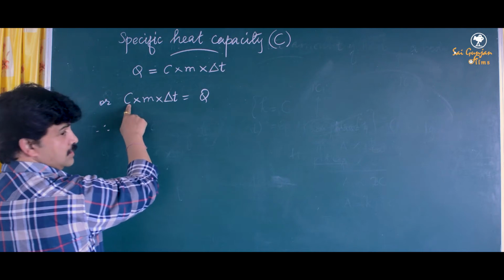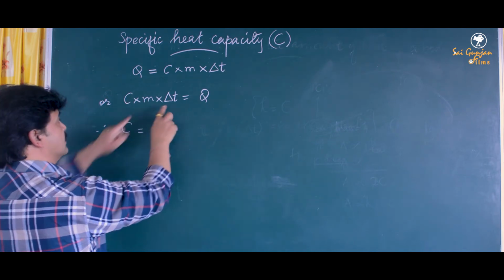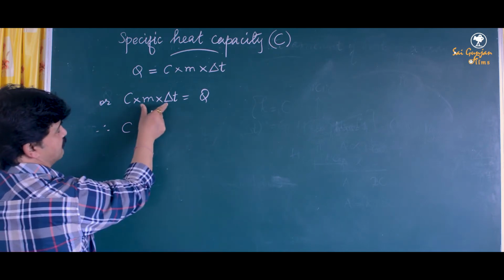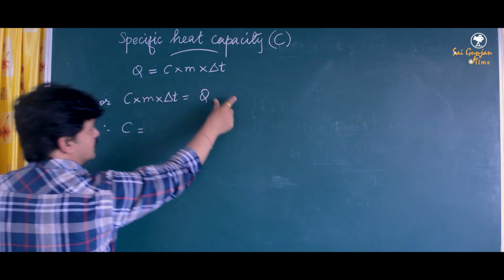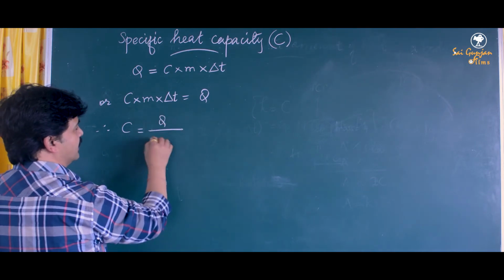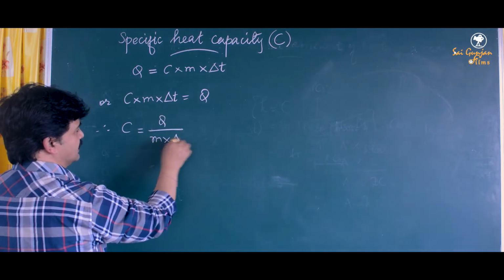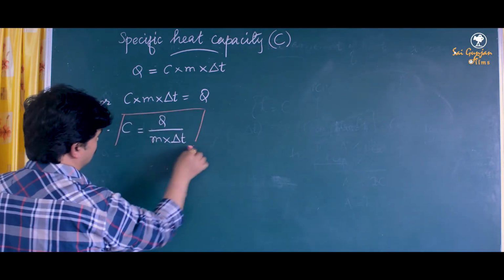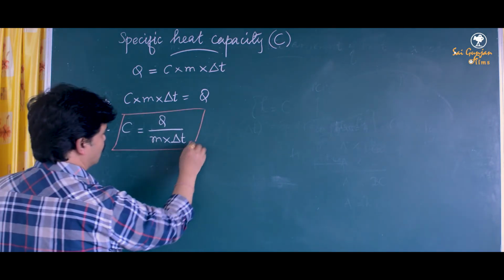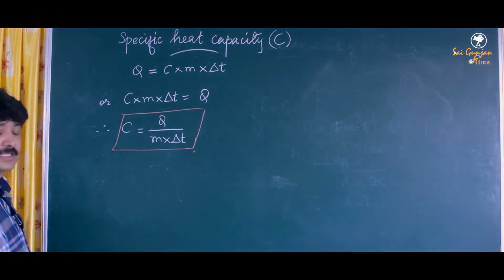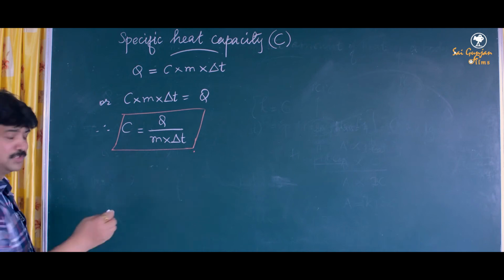We are keeping C here, the rest is to be transposed, isn't it? So now we have to transpose these two terms this side. So into will become divide, no? C equals Q divided by M delta T. So this is the mathematical form of specific heat, and the same formula will give us the unit also.